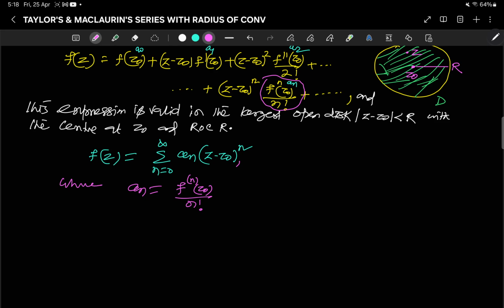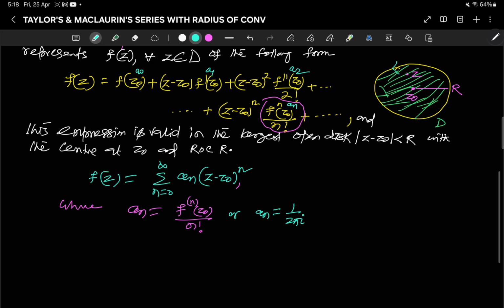But this an has a different form: an is equal to 1 by 2 pi i times the integral over C, where the domain is created by the circle of convergence, the path C, of f(w) by (w minus z0) to the power n plus 1 dw.